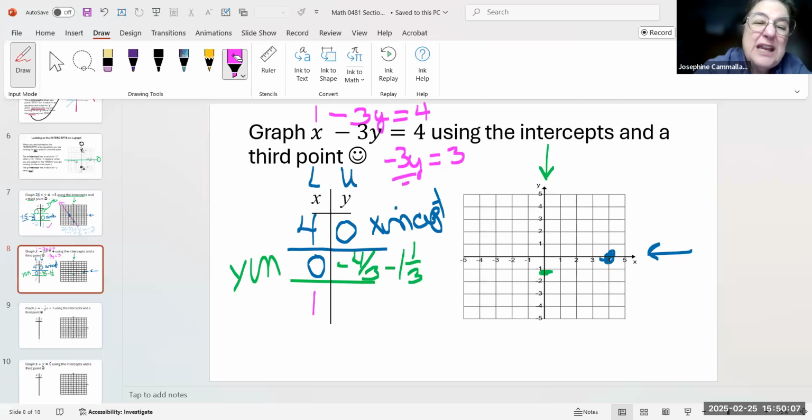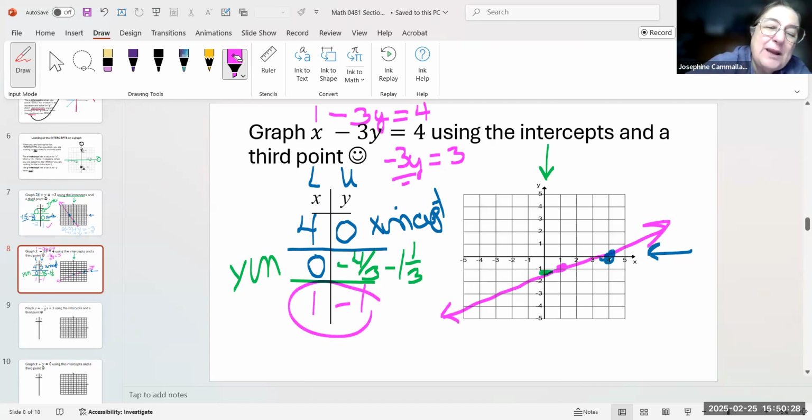Divide by -3, and I get a -1. Now notice that means my point, my third point, is right between the green and the blue. And if I connect them, sure enough, this point confirms that I have a line that goes through the green and the blue point.